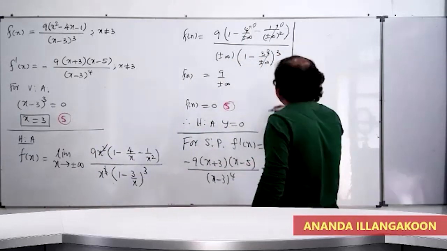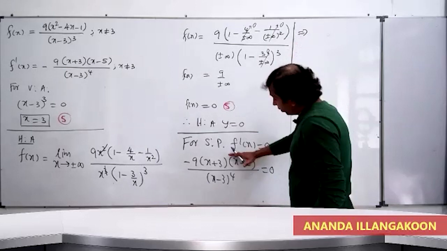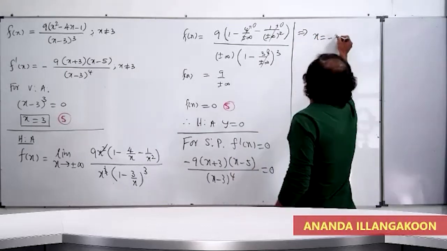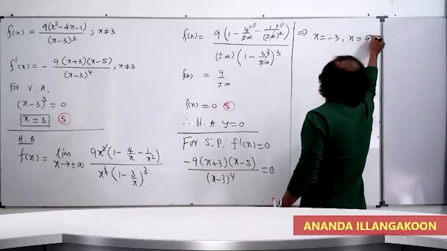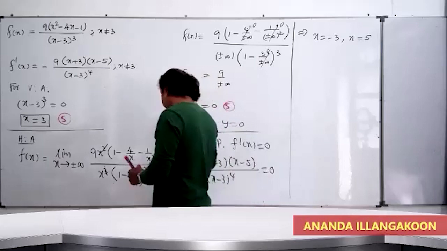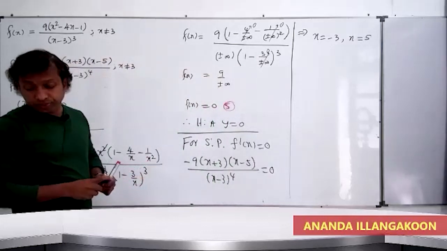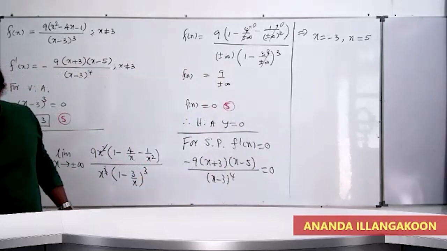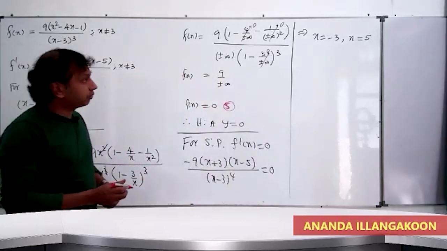This implies the numerator must be 0, then x equals minus 3, x equals 5. They are the x values. So finding these, you get 5 marks.